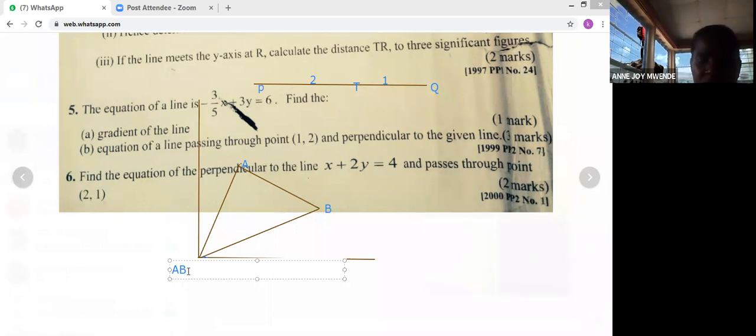It is supposed to be AO plus OMB. That is how we are supposed to move.